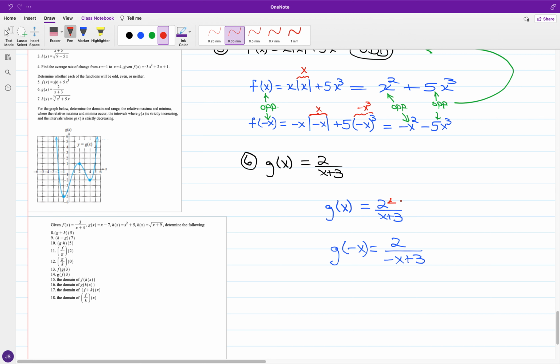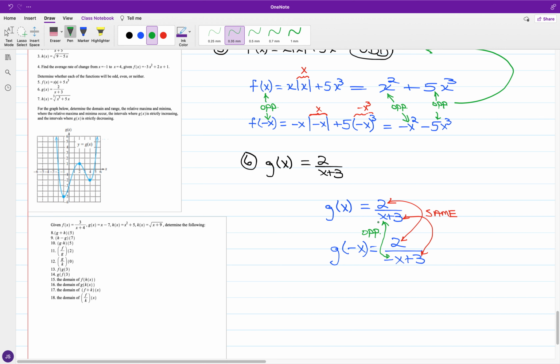With 2 and also 3, these values are going to be the same. However, in the case of the variable terms, we have x and negative x, and these are opposites. So there's a little bit of static created.